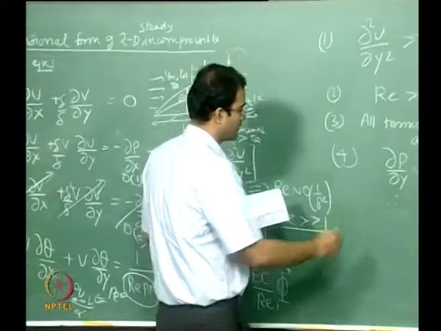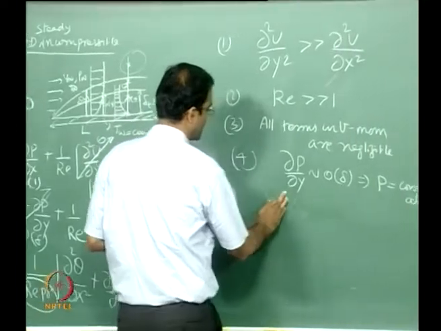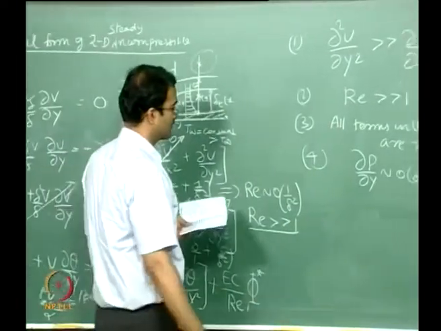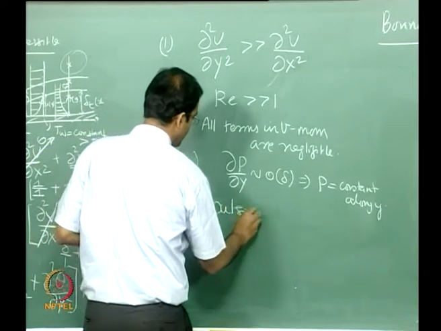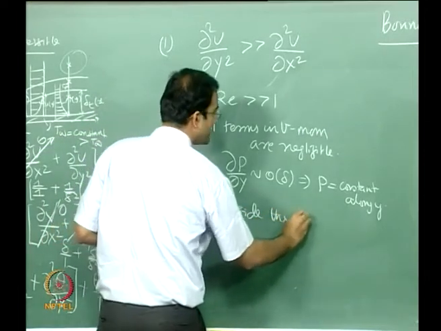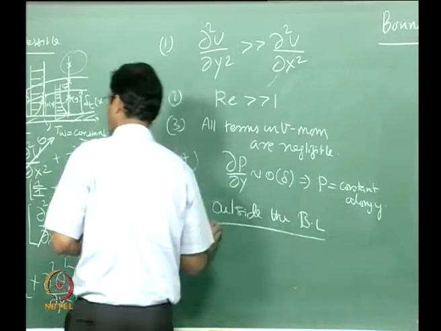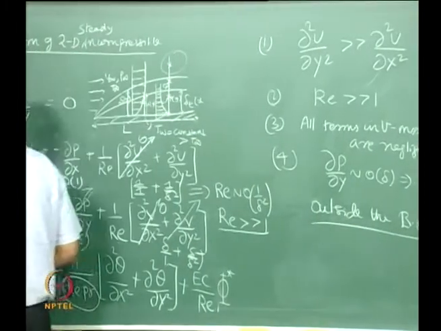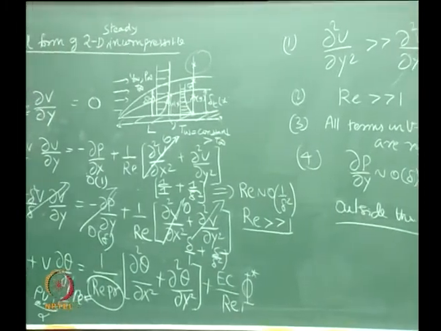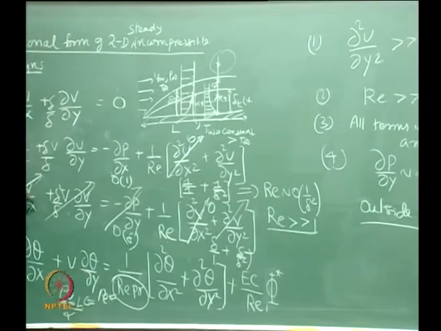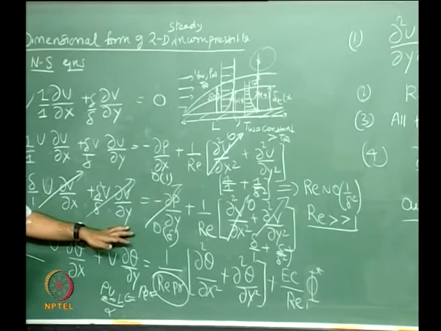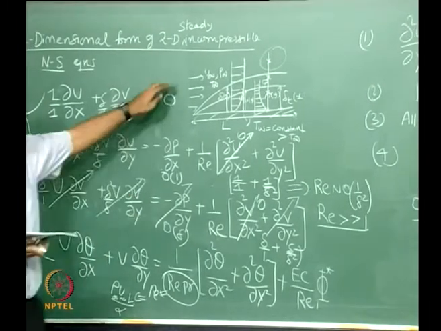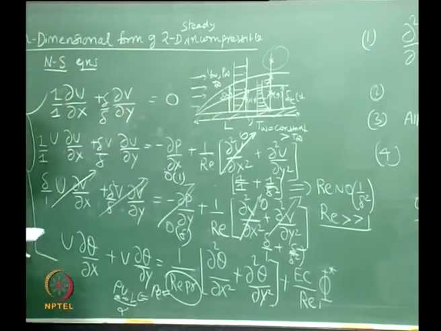So if you apply the Navier-Stokes equation outside the boundary layer, what will it be? If you look at the momentum equation, do you have any v momentum equation outside? No, we are assuming the flow is in the x direction.